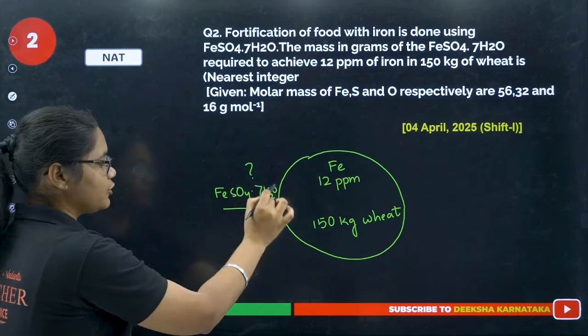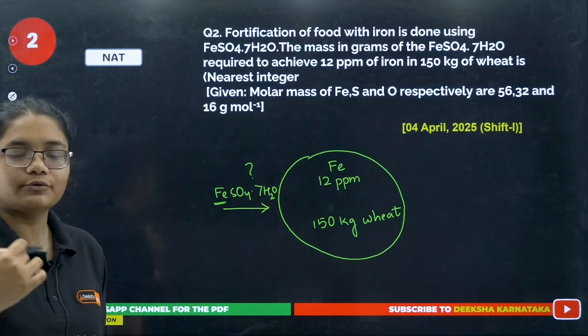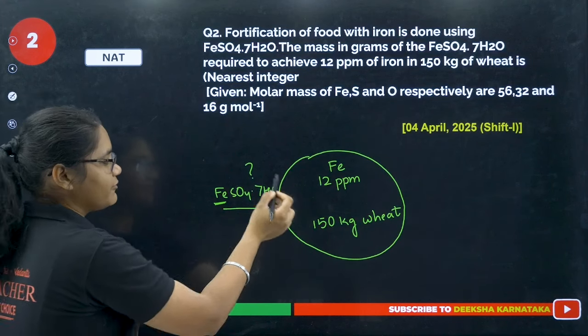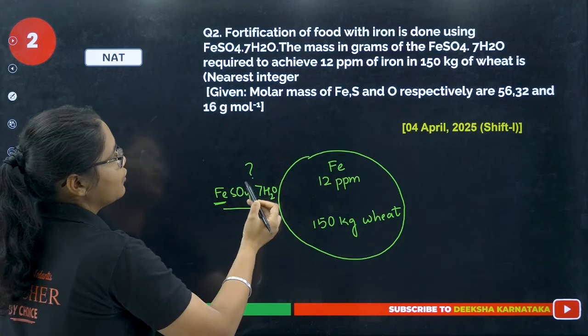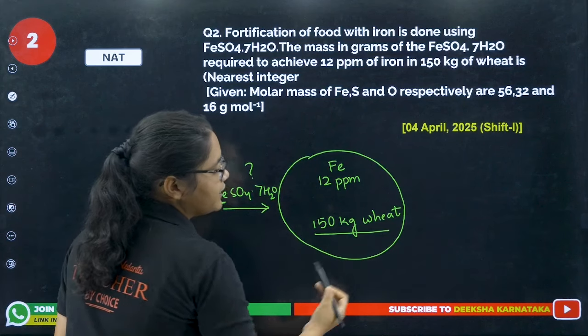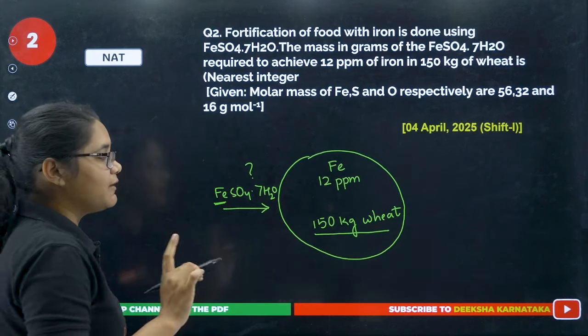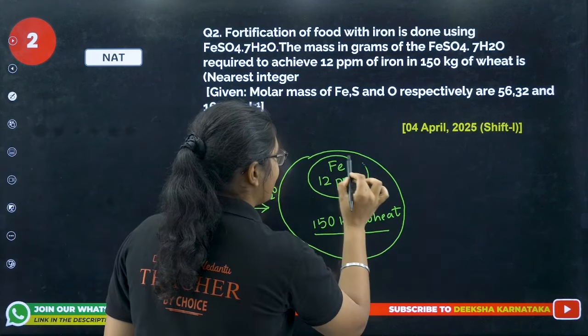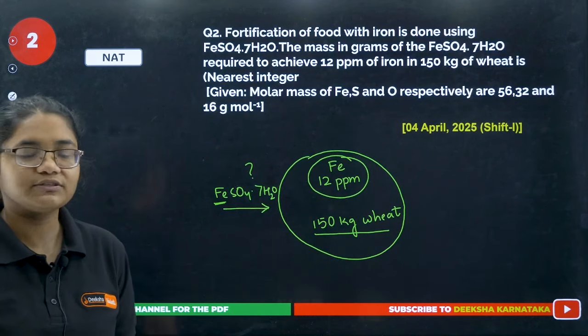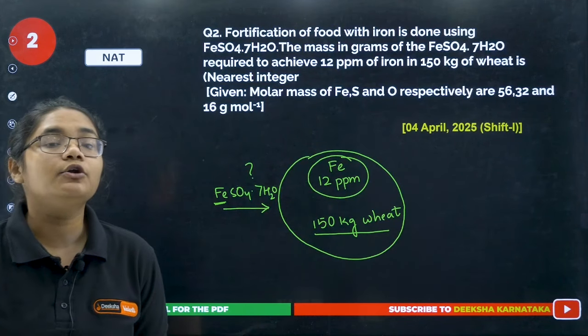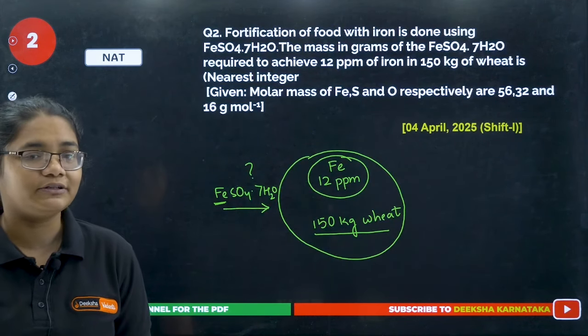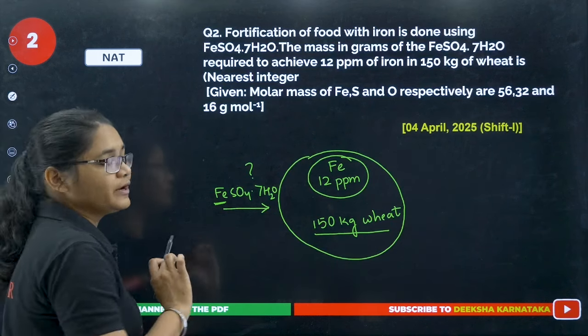So this FeSO4.7H2O has Fe, right? So the question asks, how many grams of FeSO4.7H2O are to be added to 150 kg of wheat so that the final concentration of Fe becomes 12 ppm. Okay, I hope this question is clear. So we want 12 ppm of Fe, and for that how much FeSO4 I have to add.